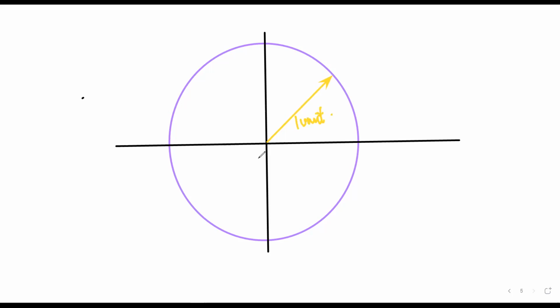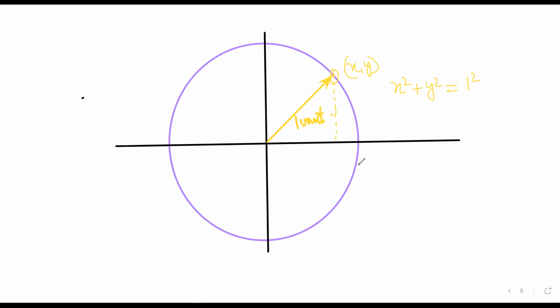Now, once I have defined this to be unit radius, if this point is (x, y), then x square plus y square would be equal to 1 square. So this is the meaning of a unit circle. Are we okay till here?